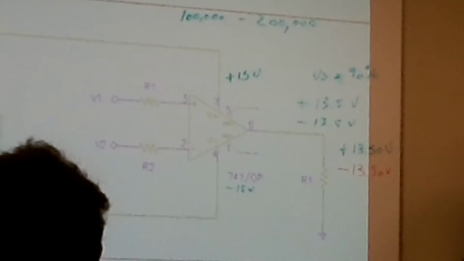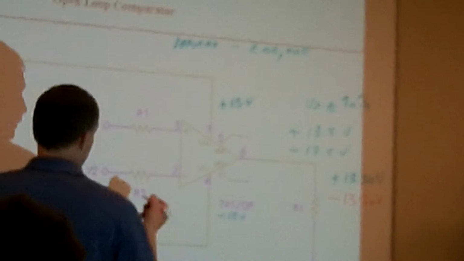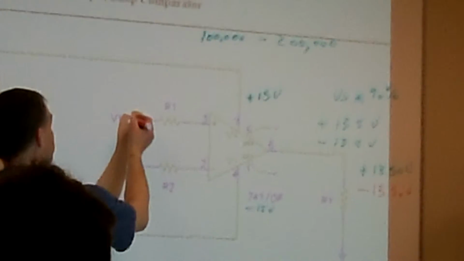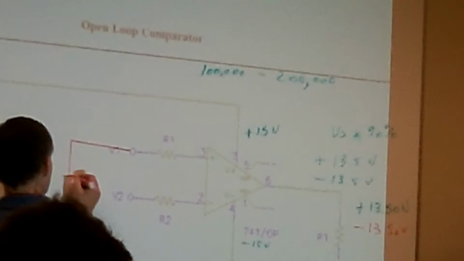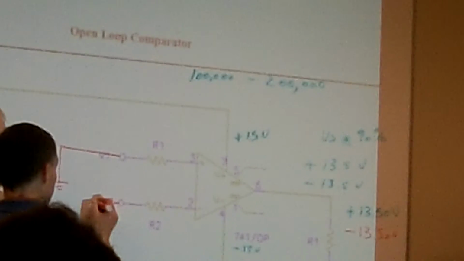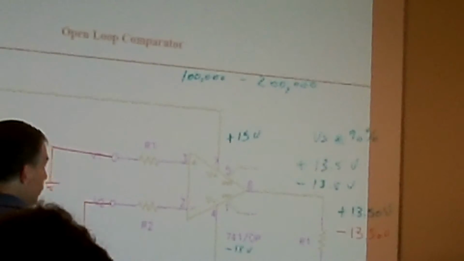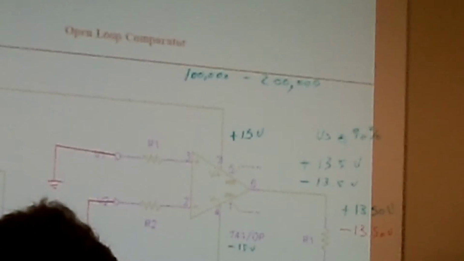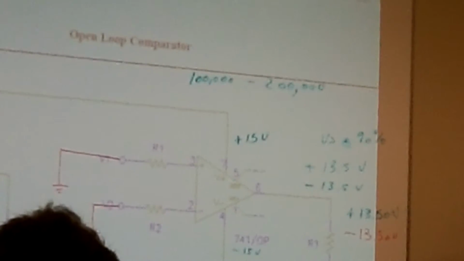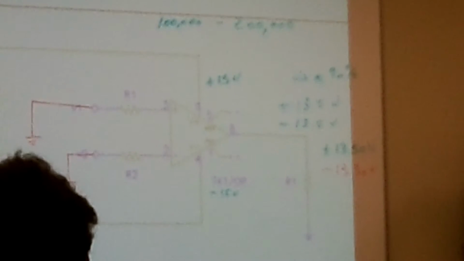Ideally, and this is when you're doing your first lab, this is going to be one of the characteristics that you're going to be looking at on your op amp. The first lab is just the characteristics of the op amp and looking at the data sheets and stuff like that.